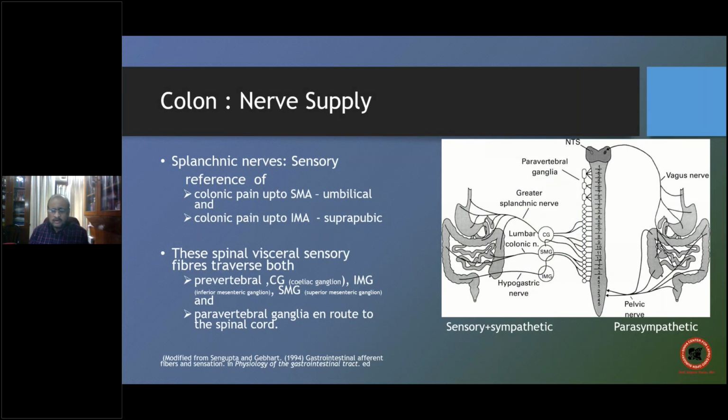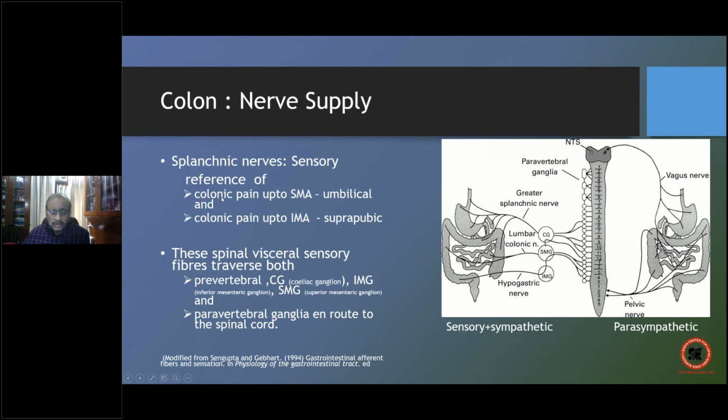Looking at the nerve supply, you've got the sensory part, the sympathetic sensory combination going to the same dermatome, and you've got the parasympathetic arising from the pelvic splanchnic plexus. That is important to know because it gives an idea where the pain would be referred, which sensory dermatome would have the referred pain.